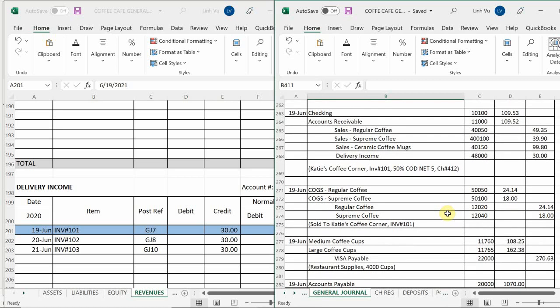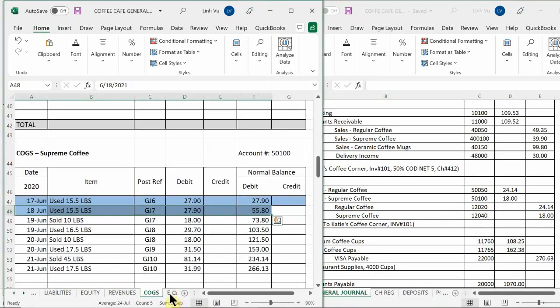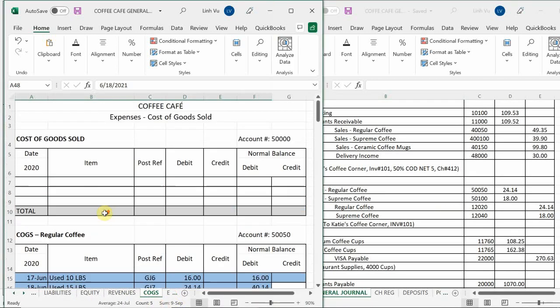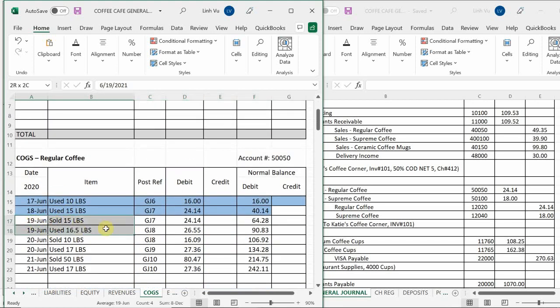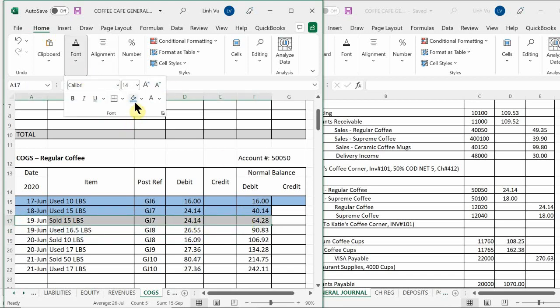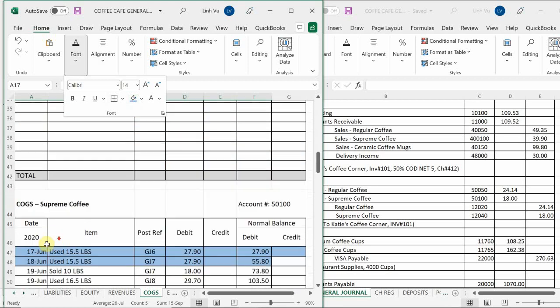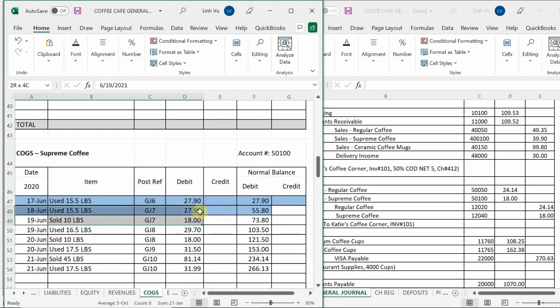Then we did a cost of goods sold. So we sold 24 and 18. Here you go. Sold the 24. Okay. And also sold the 18.